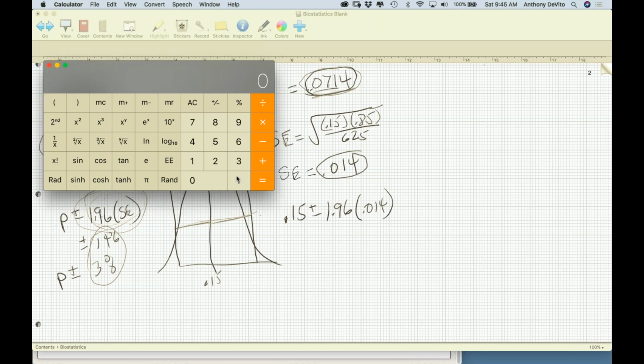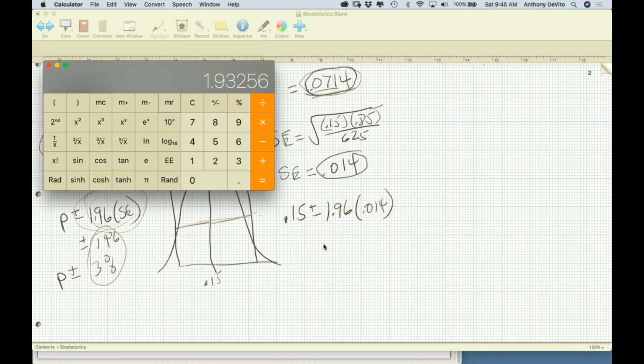Okay, 1.96 times 0.014 is equal to 2.7%. I'm going to clear my memory here.